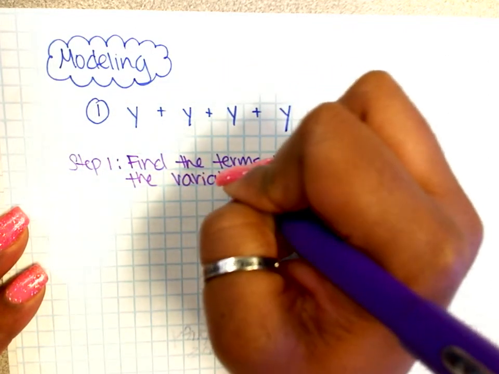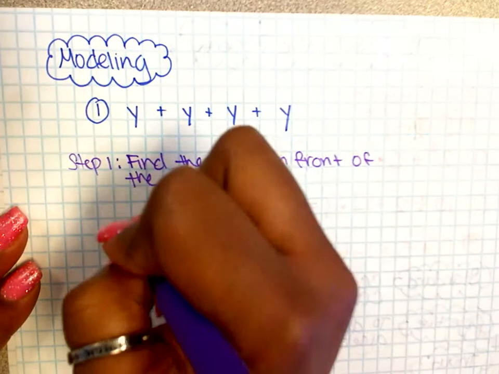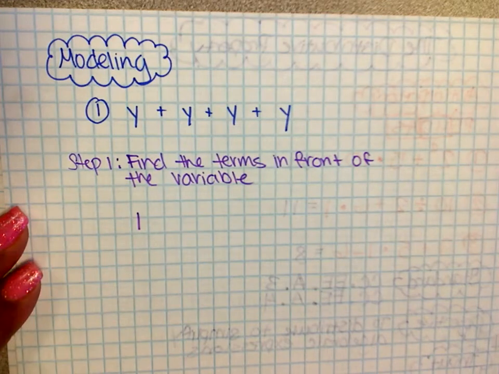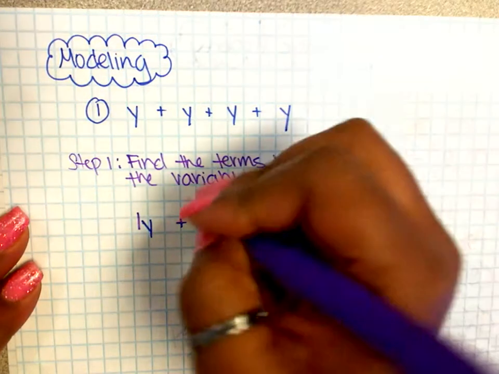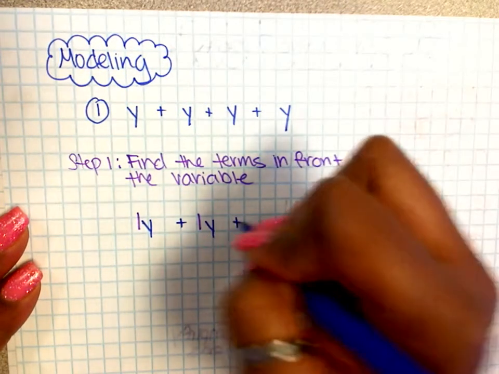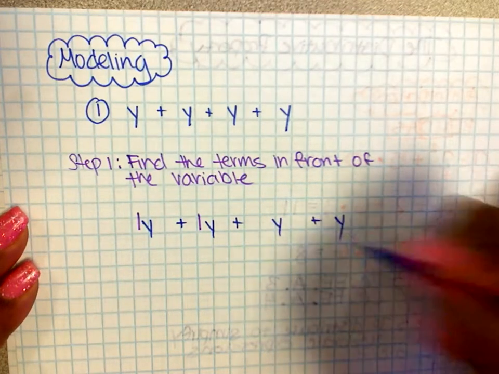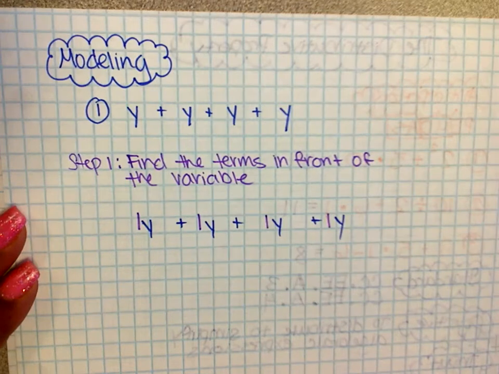There are no terms in front of the variable, but it's the secret spy number 1. So technically, secret spy number 1 is in front of you.